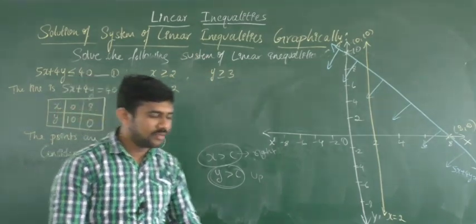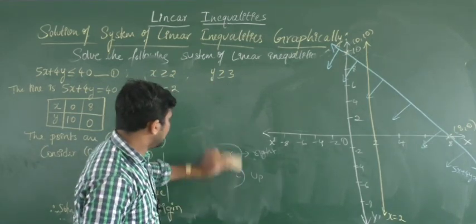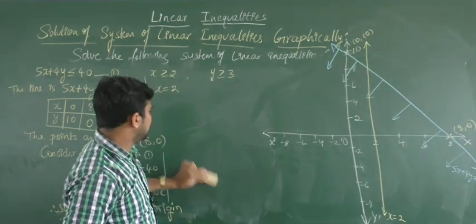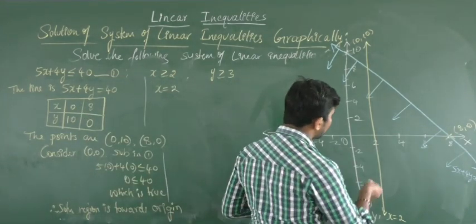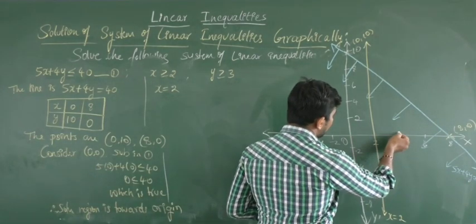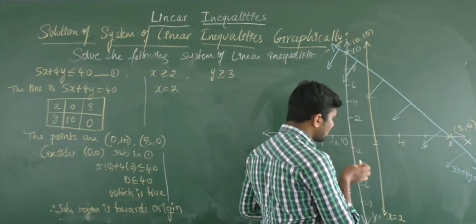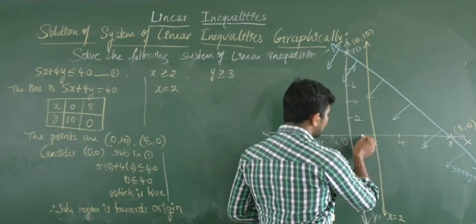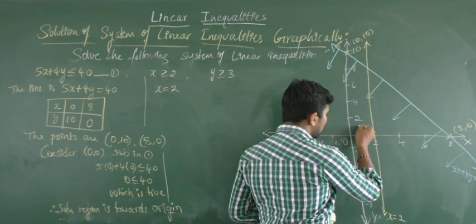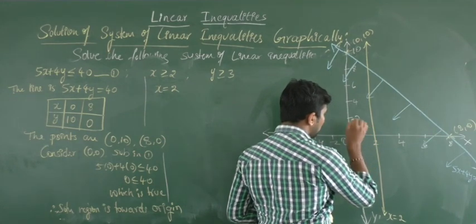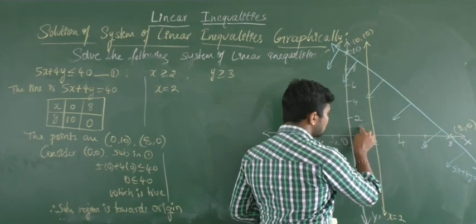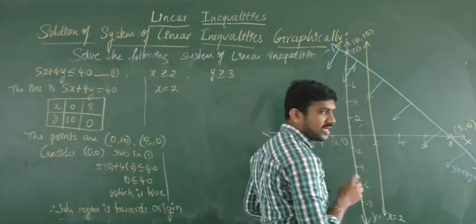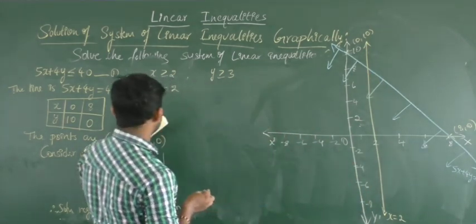Or else you can do the inspection method by considering one point. For our convenience, consider a point which does not lie on the line. Okay, I'll consider (1, 1). Does (1, 1) lie on the line? No, this is 1, this is 1, so (1, 1). This point does not lie on this line, so I can consider that point and substitute the value.